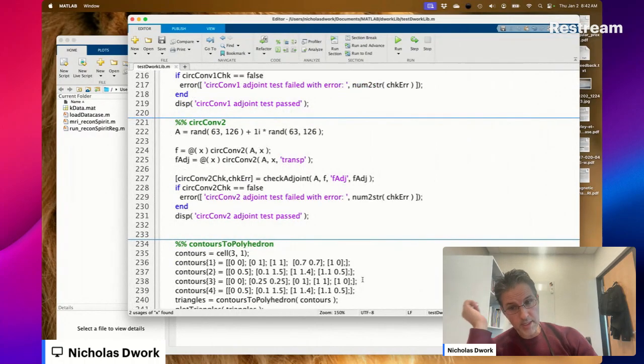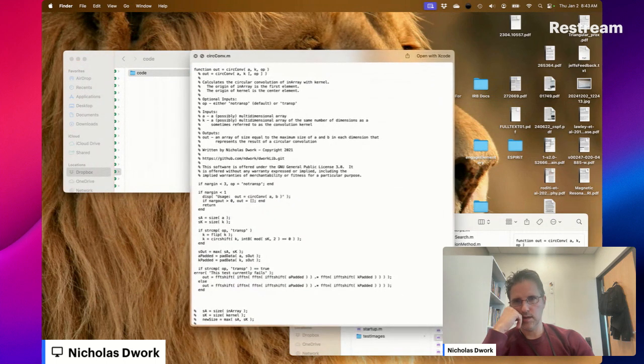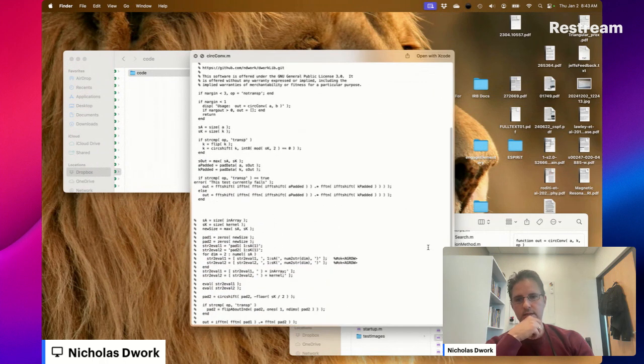I have a decision to make now. This function, circconv, is meant to do circular convolution on all dimensions of arbitrary multidimensional arrays.